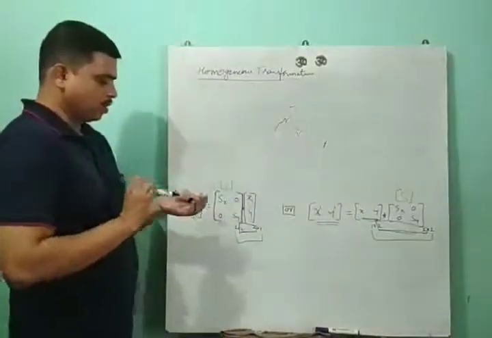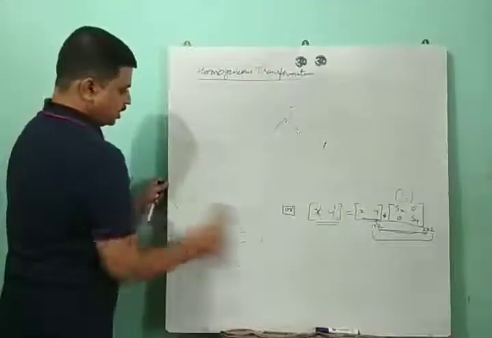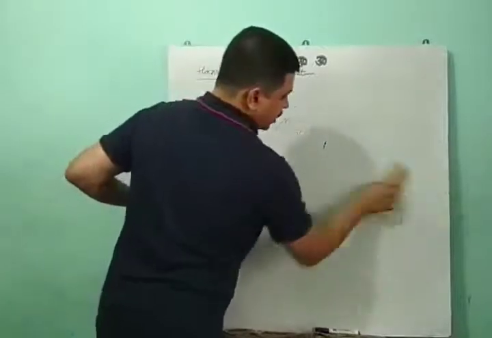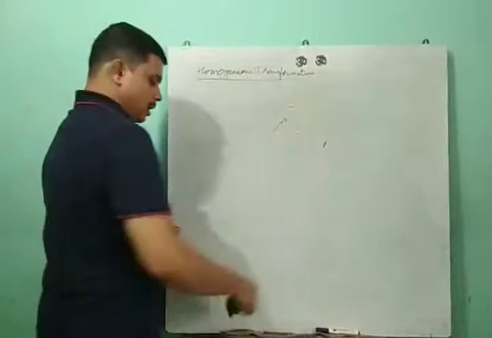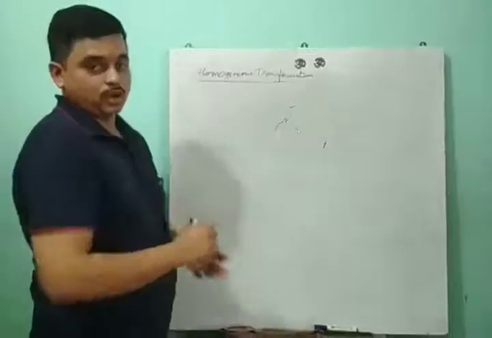That means for translation we are adding, for rotation we are multiplying, again for scaling we go for multiplication of the matrices, and you can represent that in row wise or in the column wise.